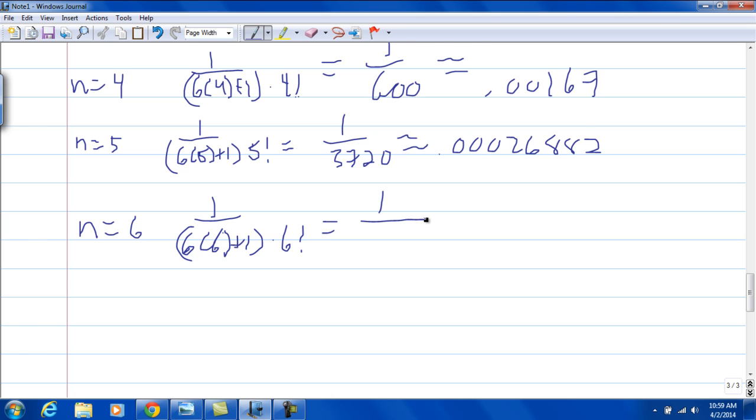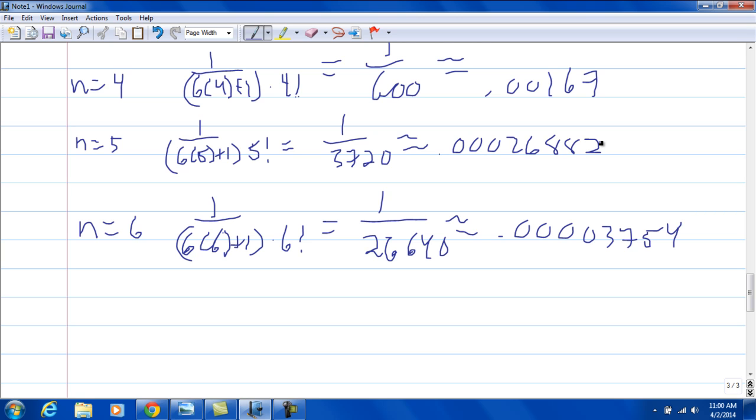That's 1 over 37 times, I think it's 720. 26640. .0000375. So as long as we go out to n equals 5, we should be good. We don't need that 6th one because it's not going to change it. And the next subsequent terms are not going to change it much either.